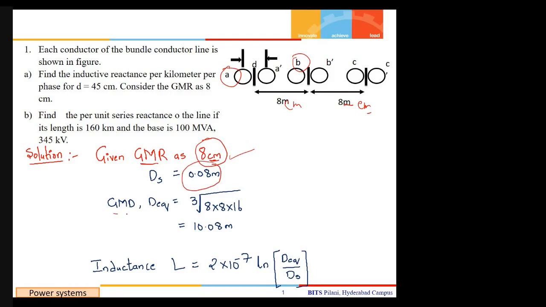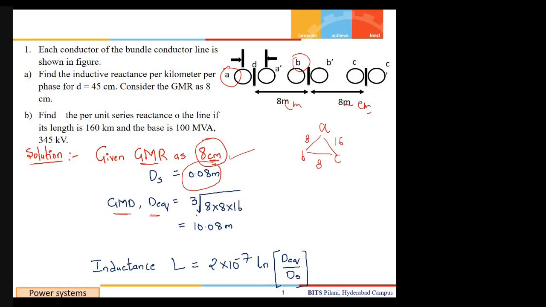Now the GMD of the line is basically the equivalent distance between the A, B and C phases. You have three phases, A, B and C. The distance between A and B is 8 centimeter, the distance between B and C is 8 centimeter, and the distance between A and C is 16 centimeters.